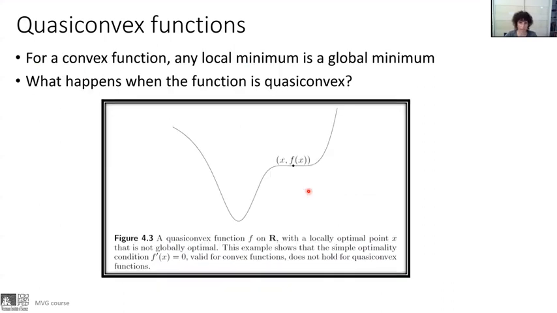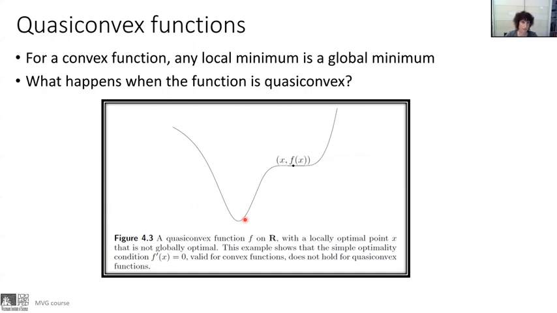Now, for a convex function, we know that any local minimum is a global minimum. What happens in the case of a quasi-convex function? We see immediately that it's different from the convex function. Here, for example, the gradient is 0, but this is a local minimizer, not a global minimizer. This one is the global minimizer. So in some sense, they do not share the same nice property.